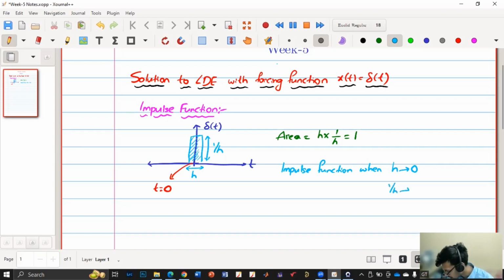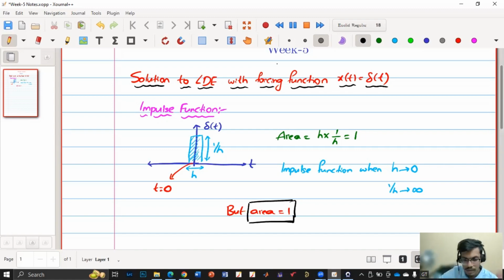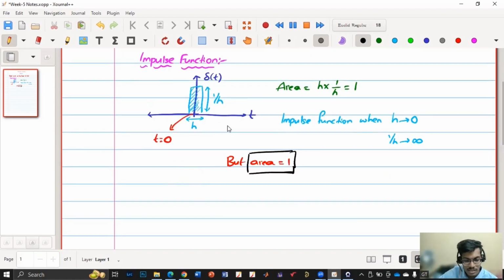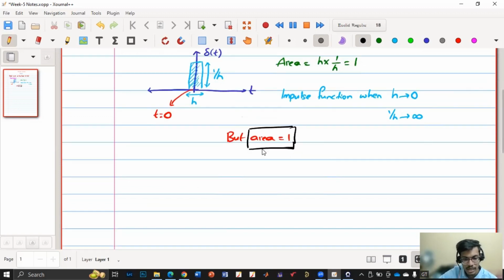So 1 by h is tending to infinite, but the area is still 1. It's a hypothetical function, but it is the scenario, but area is equal to 1. So as the width gets smaller and smaller, the height becomes larger and larger, but the area is 1.